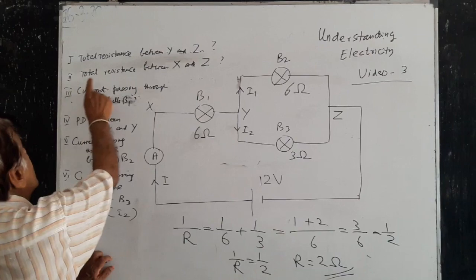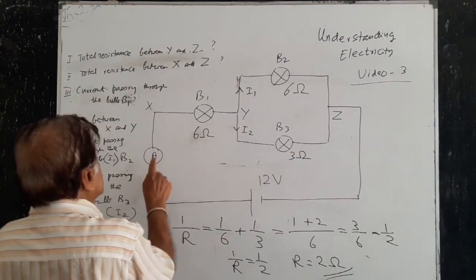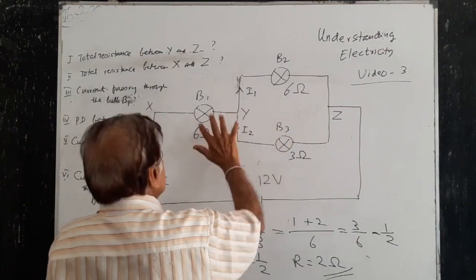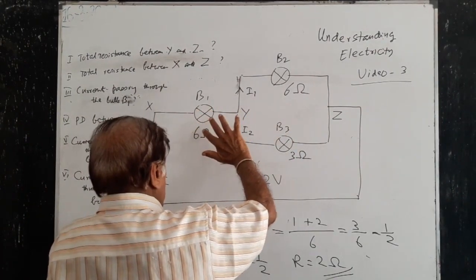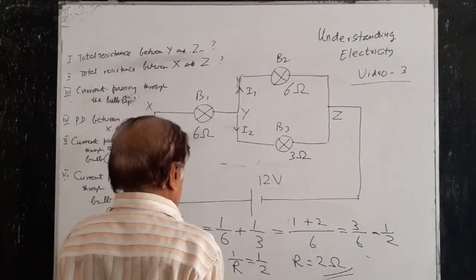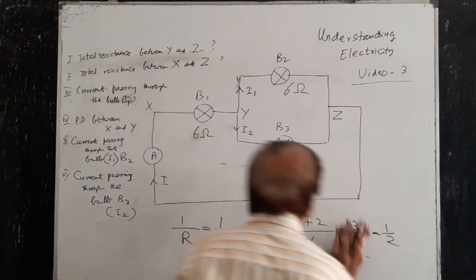Now, part 2. Total resistance between X and Z. X is here, Z is here. That is the total resistance of all the given bulbs. Now let us calculate that.